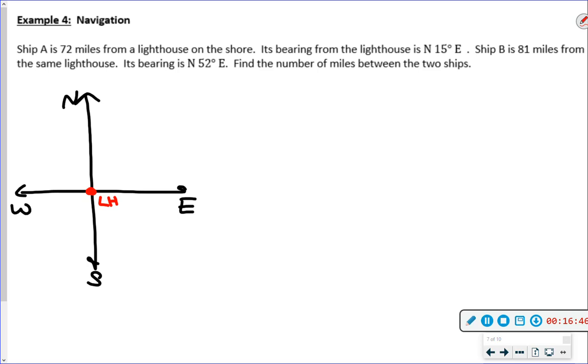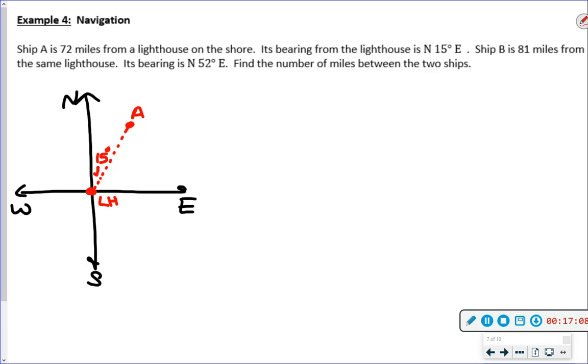Okay, so ship A is 72 miles, bearing north 15 degrees east. So it's going north, 15 degrees is teeny tiny, not drawing to scale. 15 degrees east. So ship A is out here, and this is your 15-degree angle.